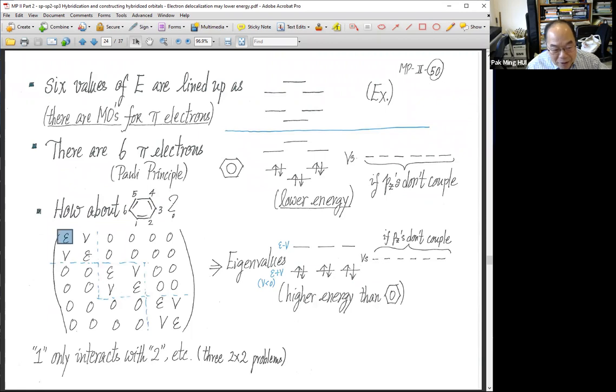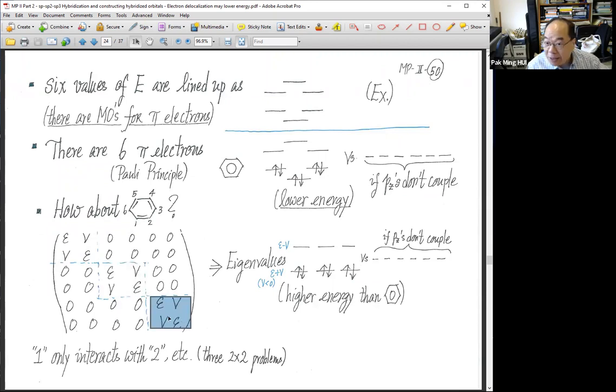Number 1 only bonds with 2, so you only have a V off diagonal with number 2, but you don't bond with number 6 anymore, and number 3 anymore. So this is this picture.